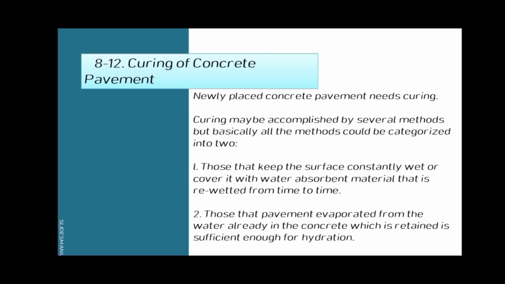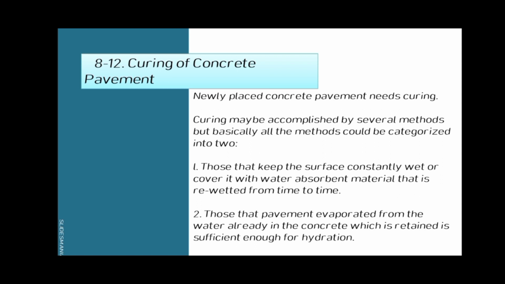Lastly, the curing of concrete pavement. Newly placed concrete pavement needs curing. Curing may be accomplished by several methods, but basically, all the methods could be categorized into two. First, those that keep the surface constantly wet or covered with water-absorbent material that is re-wetted from time to time.